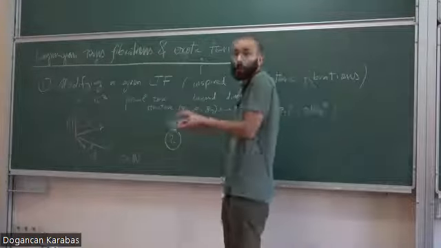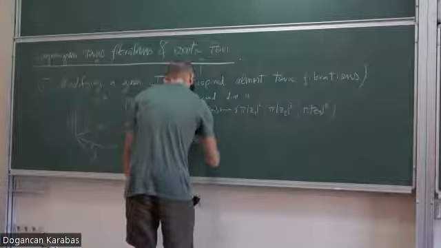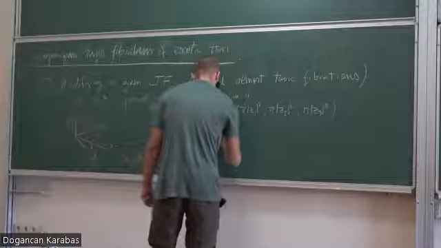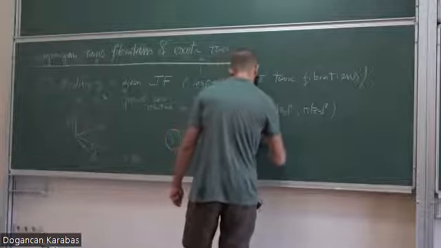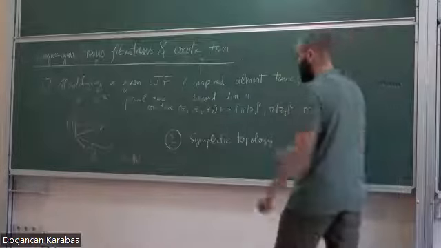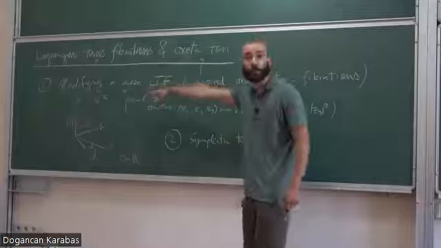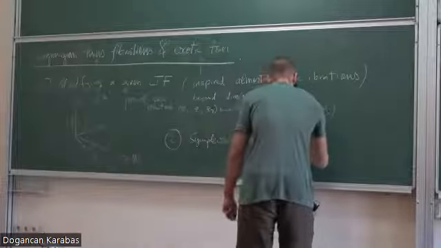So you can wonder why you are interested in this. Symplectic topology, I hope I have the time. Symplectic topology, it produces exotic tori. So there are some fibers of this fibration which are exotic.